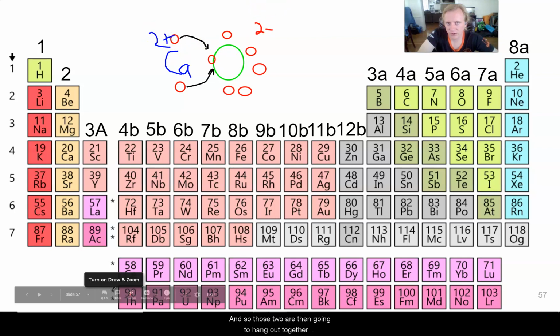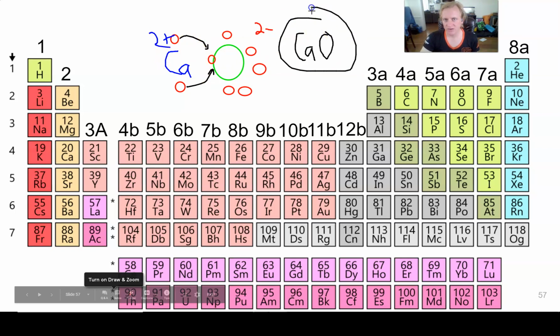Those 2 are then going to hang out together and form calcium oxide with a neutral charge. So oxygen steals electrons and becomes more negative. Calcium loses its electrons and becomes more positive, and it forms this ionic compound over here.